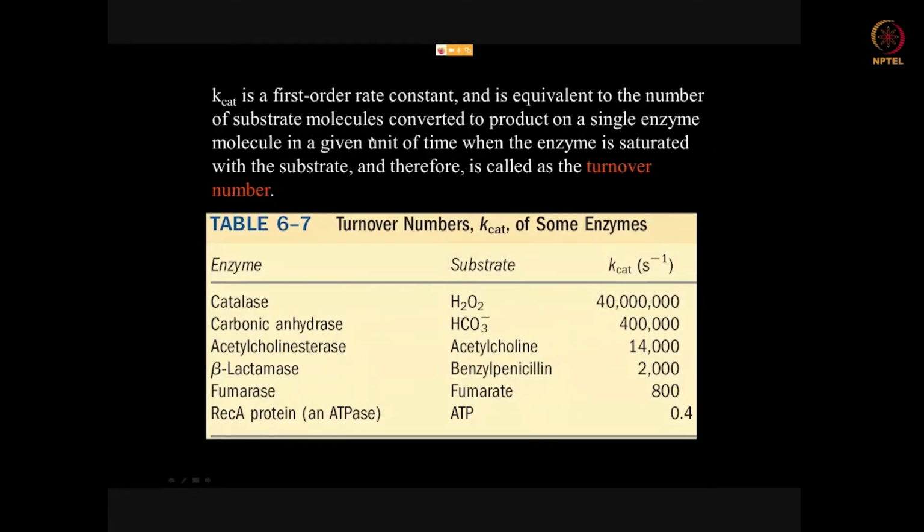It is equal to the number of substrate molecules converted to product on a single enzyme per unit time when the enzyme is saturated with the substrate. This is an essential condition under which this relationship holds good. So this is also called a turnover number. It is because it tells how many substrates are turned over per unit time. The only additional thing you need to remember is that this is true when substrate is at saturating concentration.